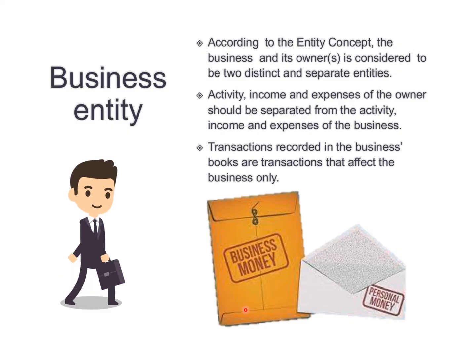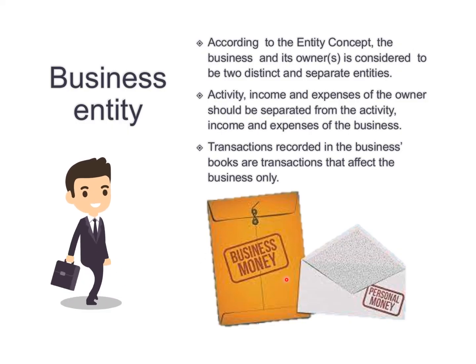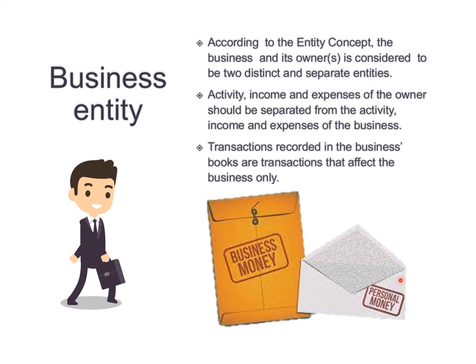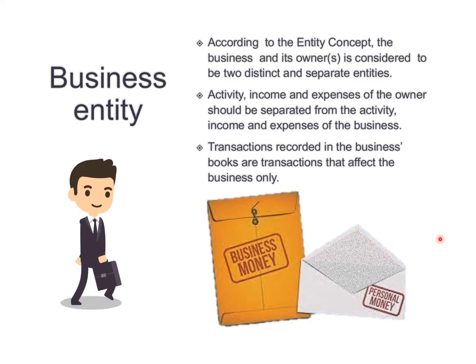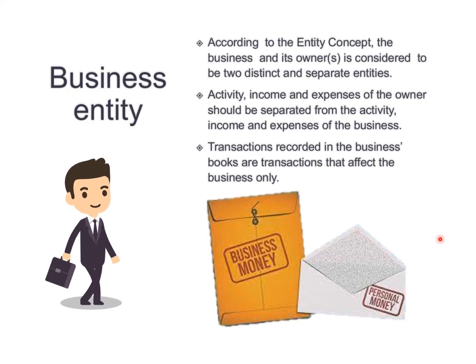So, kalau you nampak kat sini, ada gambar ni pasal sampul untuk business money. Yang ni duit yang berkaitan dengan business je. Keluar masuk untuk business. Dan yang ini adalah personal money. Duit sendiri. Okay. So, apabila berlakunya owner tu, katalah peniaga goreng pisang tu, dia ambil duit perniagaan dia, lepas tu dia pergi bayar tuition fee anak dia.